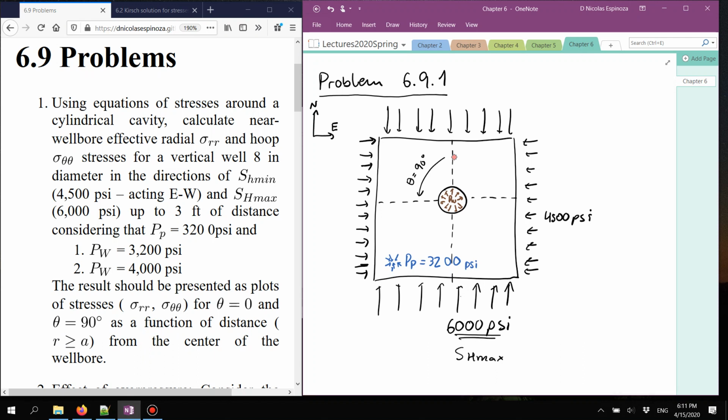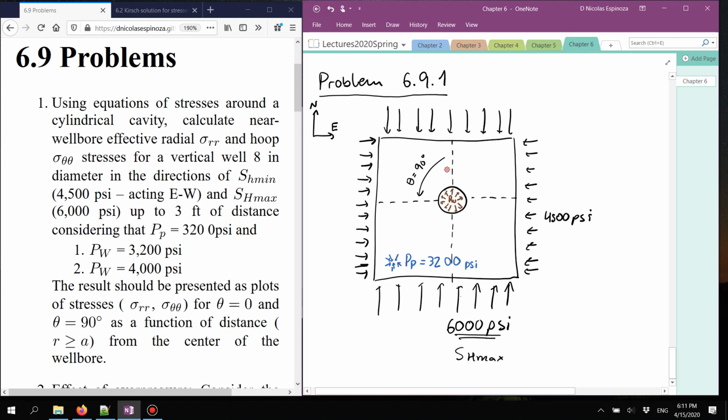I recommend that if the radius of the wellbore, for example in this case, is 8 inches, you should plot these for more or less 4 or 5 times that value. One of the objectives of this problem is to see that those stresses get to asymptotic values very quickly.